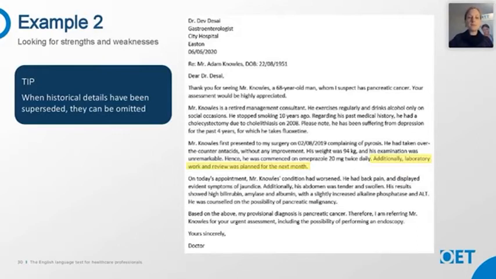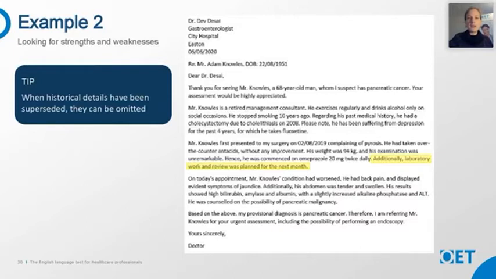We're now much more concerned about their situation, particularly the fact that laboratory work and a review was planned and ordered. Those are just unnecessary words that we're forcing the reader to look at. We could summarize much more effectively, but omit those words from the letter.